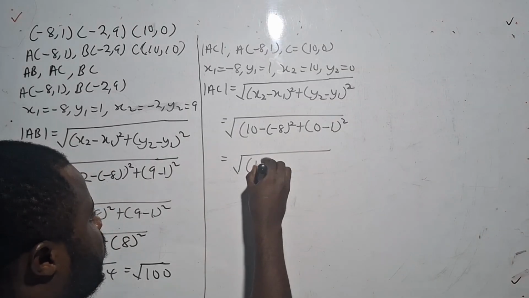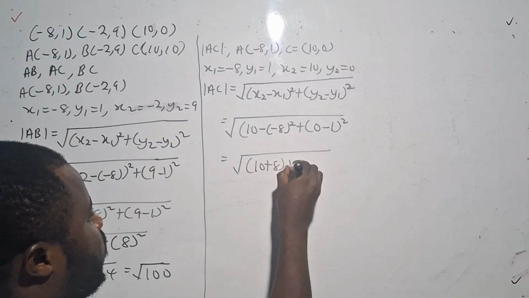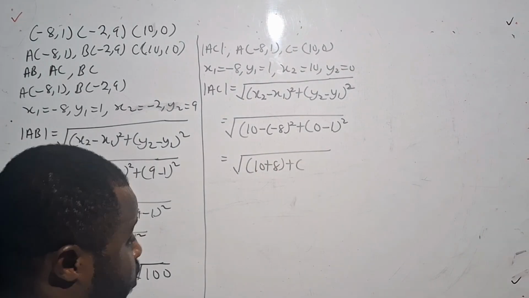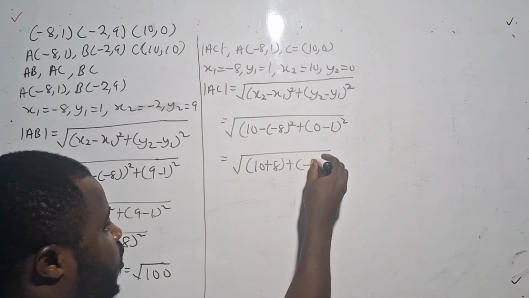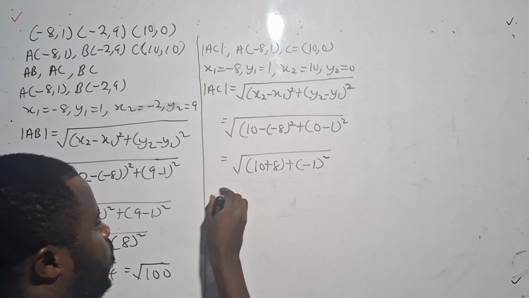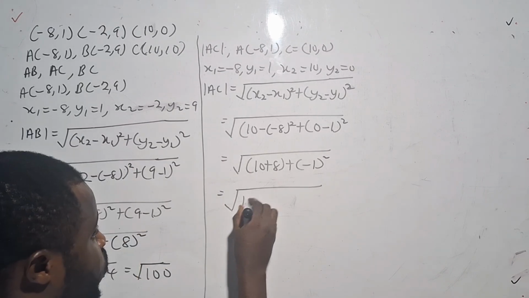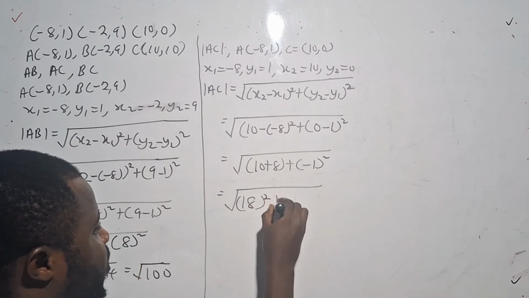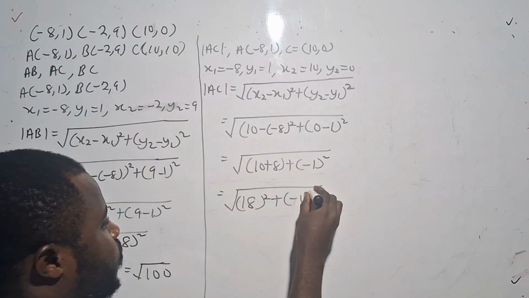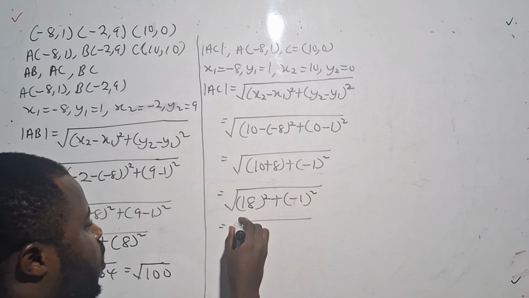So we have 10 plus 8, 0 minus 1 will give us negative 1, also squared. So 10 plus 8 will give us 18 squared plus negative 1 squared.